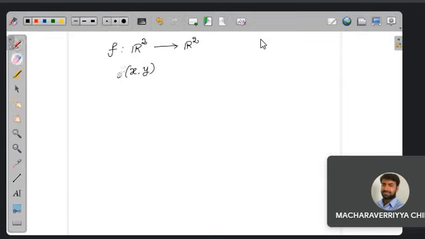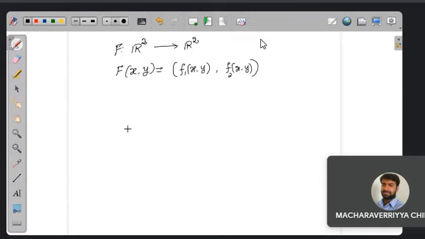Let me write it as capital F of x comma y, and this is equal to f1 of x comma y, f2 of x comma y. All right. Now this is a function from R2 to R2.